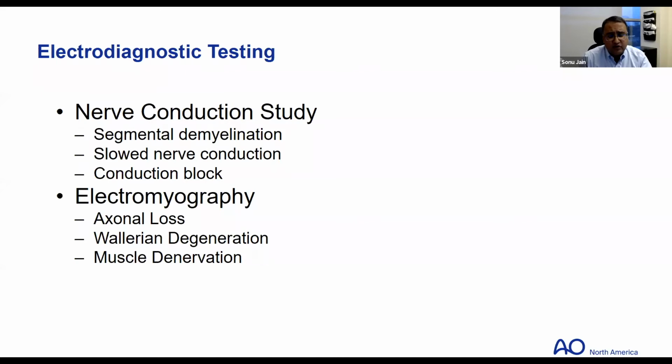So electrodiagnostic testing, you want to look at your nerve conduction studies, which will show you your segmental demyelination, any slowed nerve conduction or any block. And then your EMG is going to really show you more of your axonal loss and any muscle denervation.